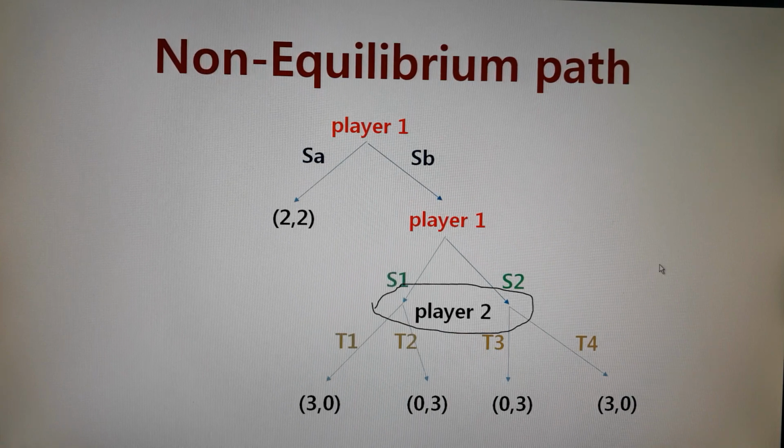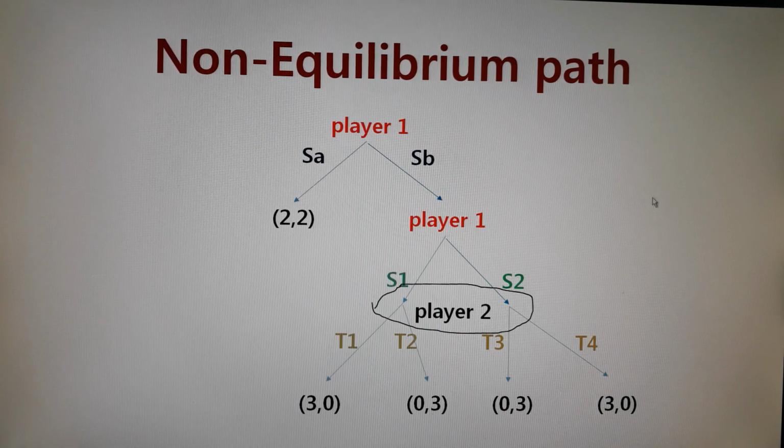So there cannot be a pure strategy equilibrium in this game between player 1 and player 2. When player 1 chooses SB, this has a mixed strategy equilibrium, where this is a simple game, like the strategic form S1, S2, T1, T2, with payoffs 3, 0, 0, 3, 0, 3, 3, 0, something like that.